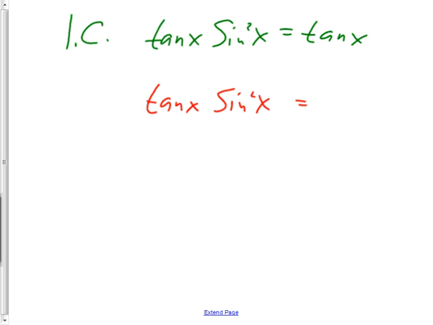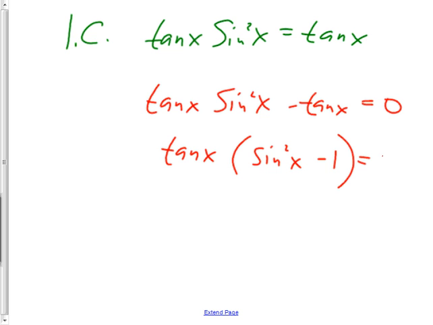I'm going to subtract tangent x from both sides, and then factor the tangent x out. If you can factor, you should. So now I got tangent x equals 0. The other way I wouldn't have. So what's right?